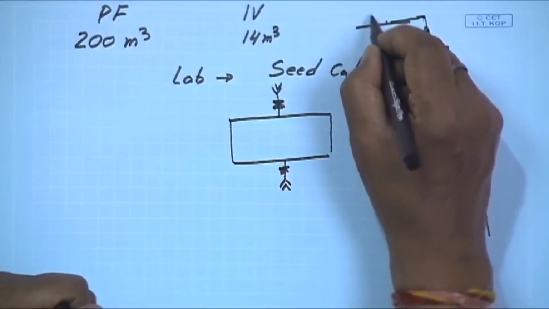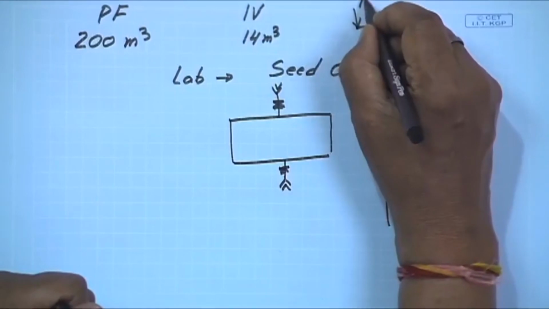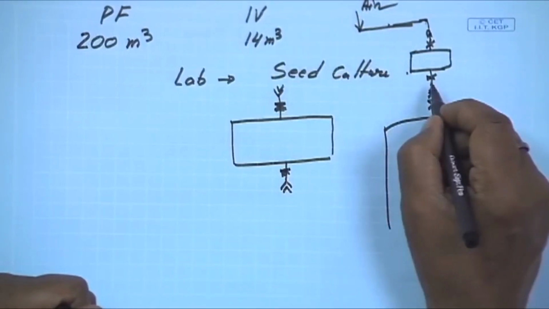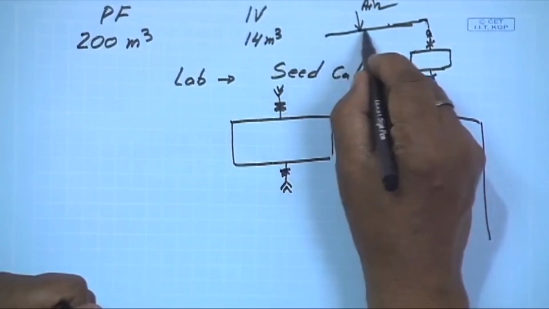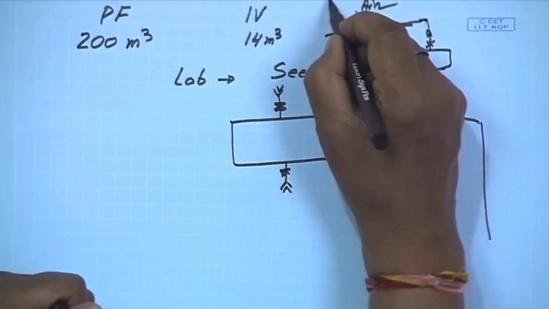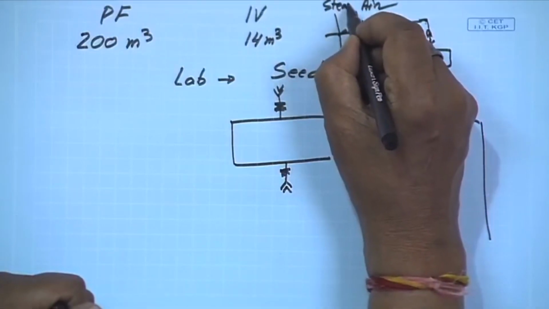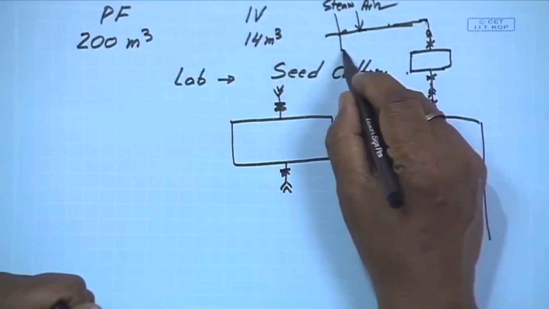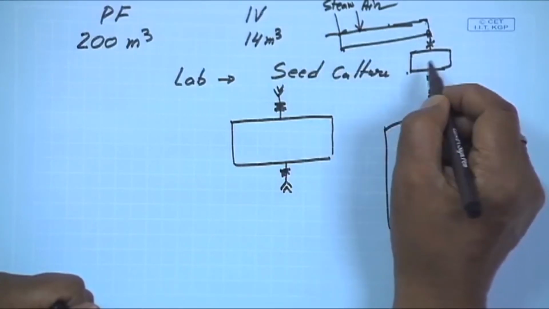Maybe it is connected with the sterilizer. So it is like this, and there is also another line. That is the steam line, for sterilization of the pipeline. You have to sterilize this pipeline before you transfer.